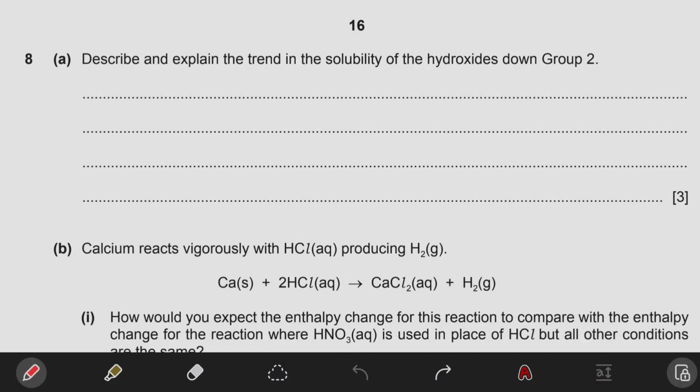Okay, so question number 8. Describe and explain the trend in the solubility of the hydroxides down group 2.